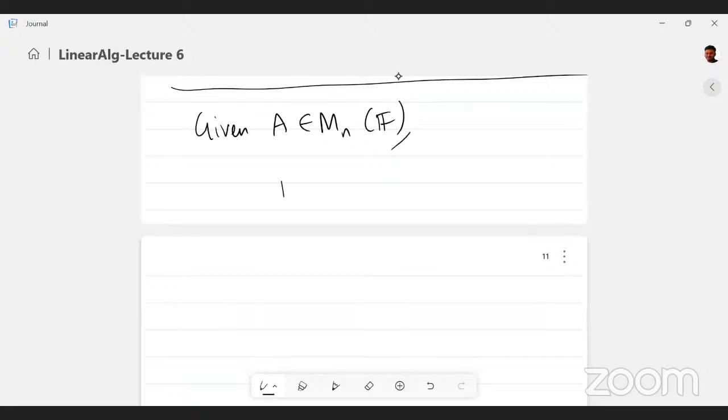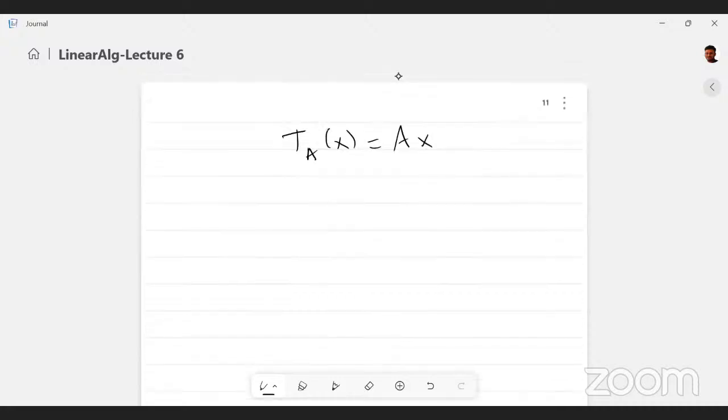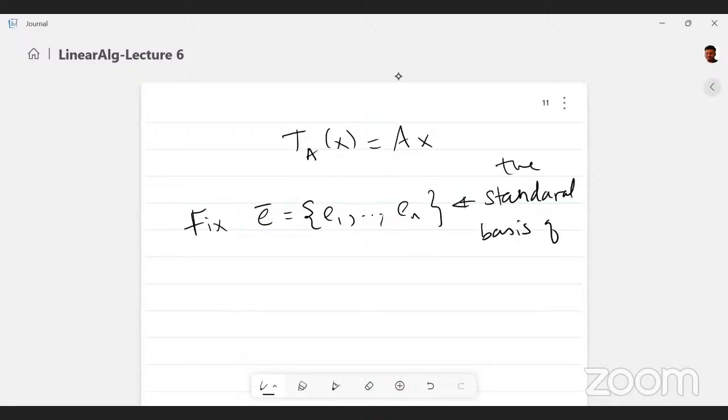Then we translated that problem. We defined a new linear transformation from Fn to Fn, given by TA of x equal to Ax. Most of the time we fix the standard basis, which I call E bar, which is E1 through En, the standard basis of Fn.